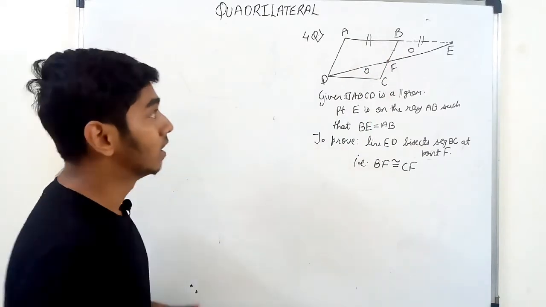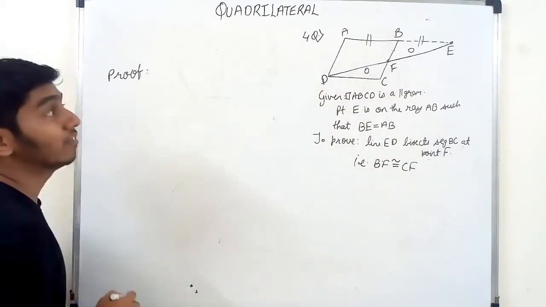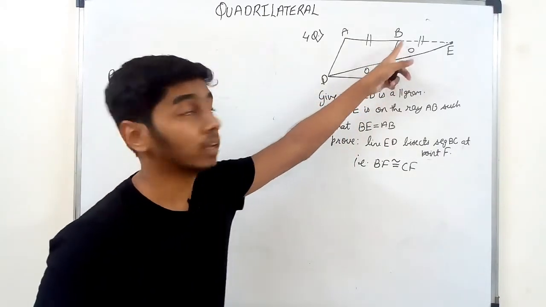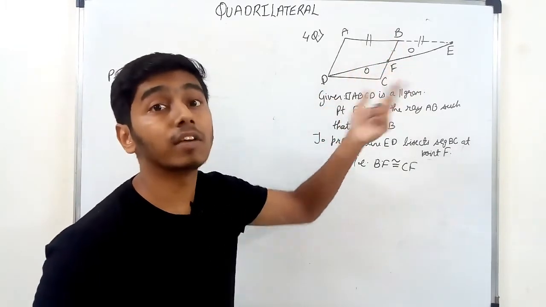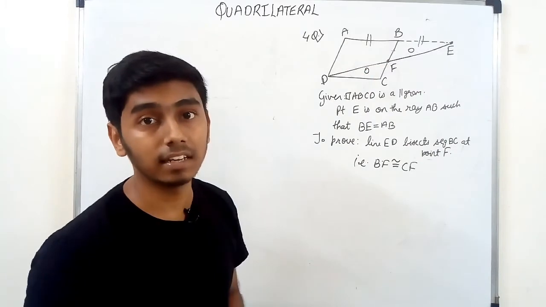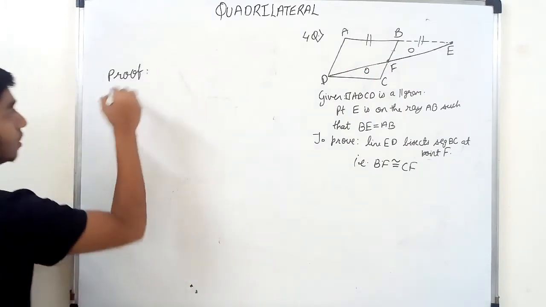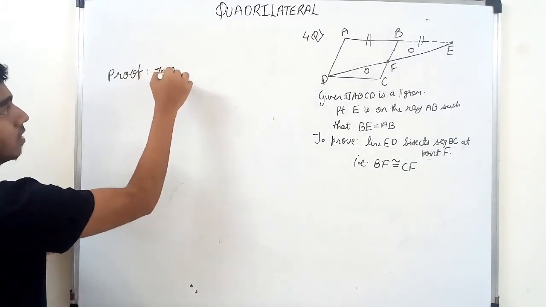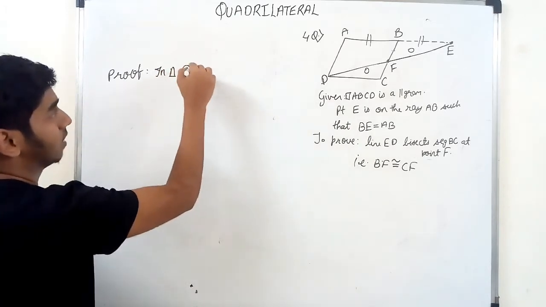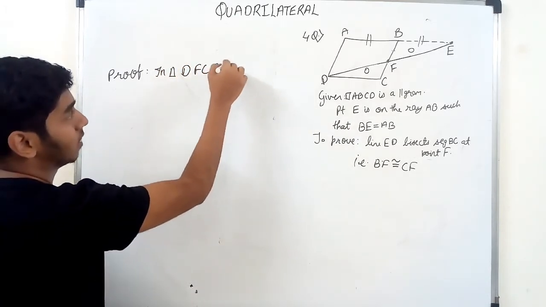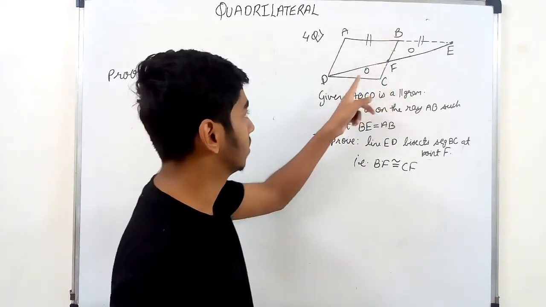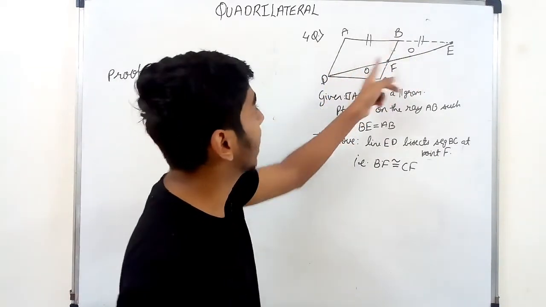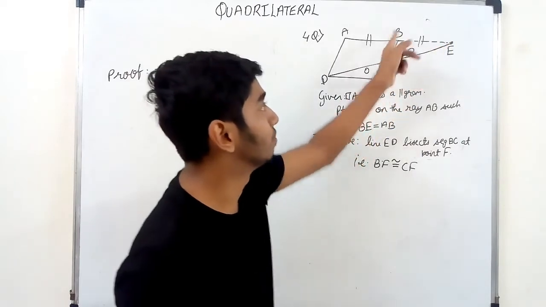Yes or no? Let's try to do it. If we are able to prove these two triangles congruent, we can say that these two sides will also be congruent by CPCT. So let's see that. So we'll consider in triangle DFC and triangle EFB.